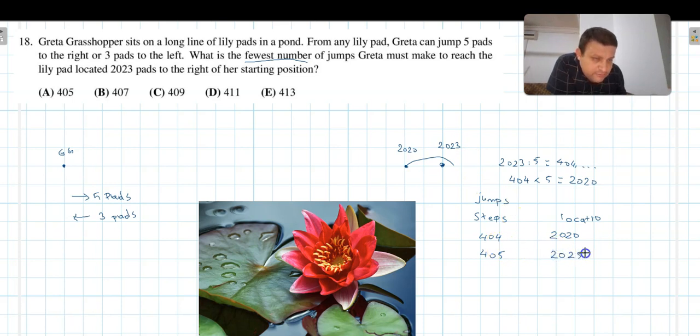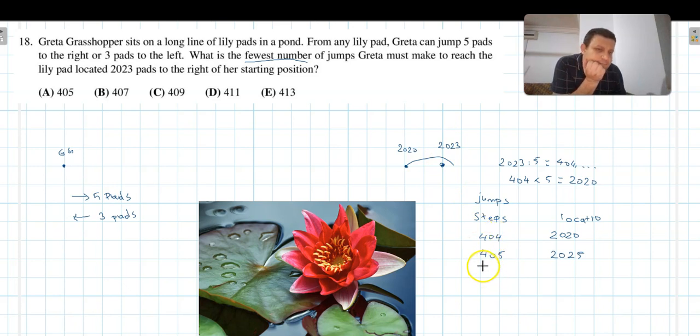So it's going to be 2025. Can she go back? When we subtract 3 from 2025, it's going to be 2022. Okay, so it's not our location.